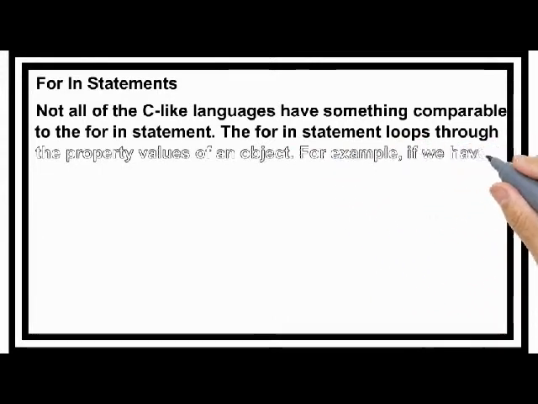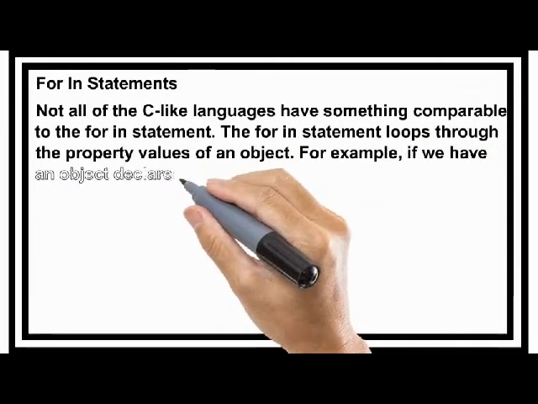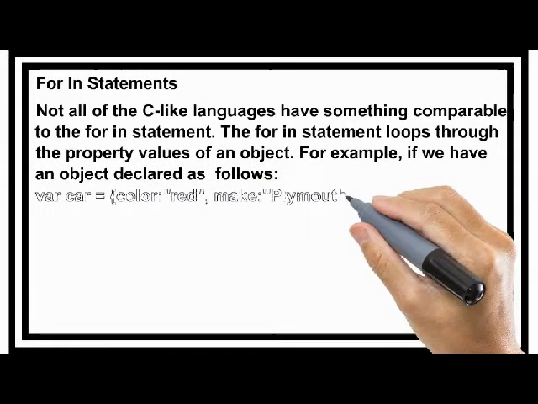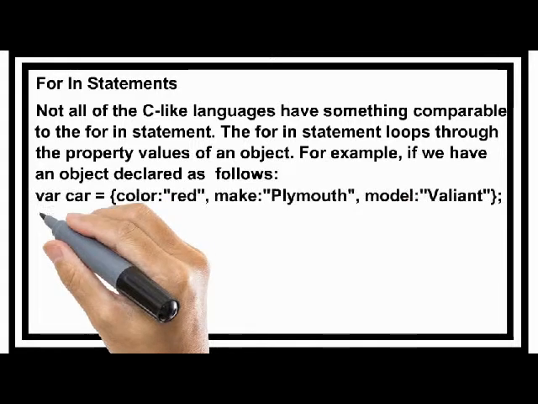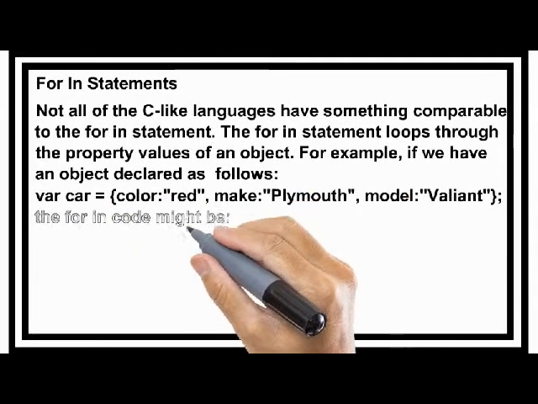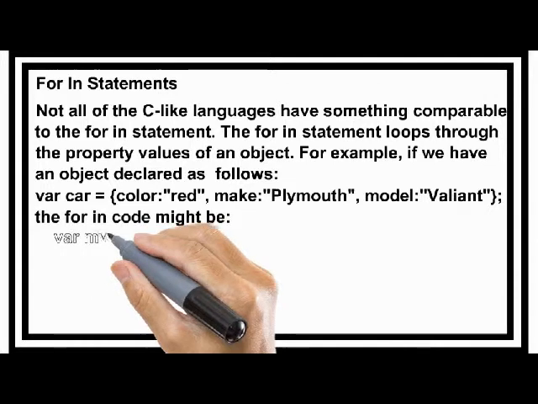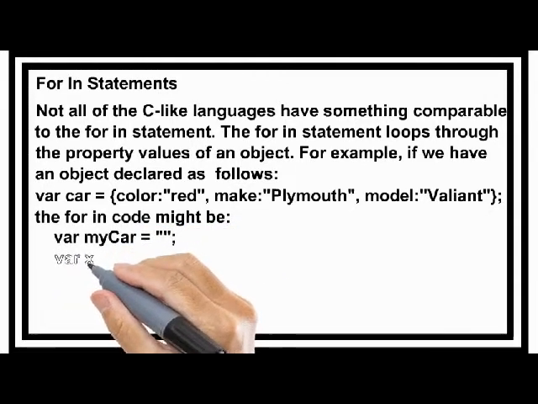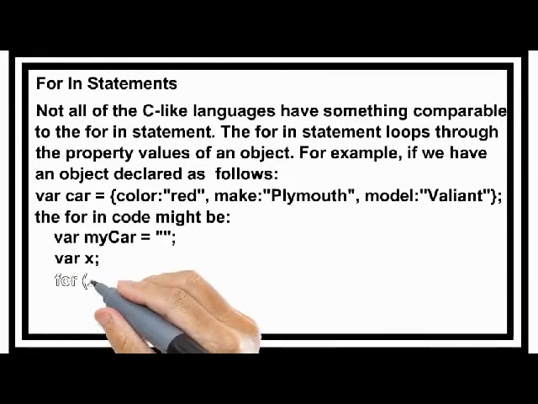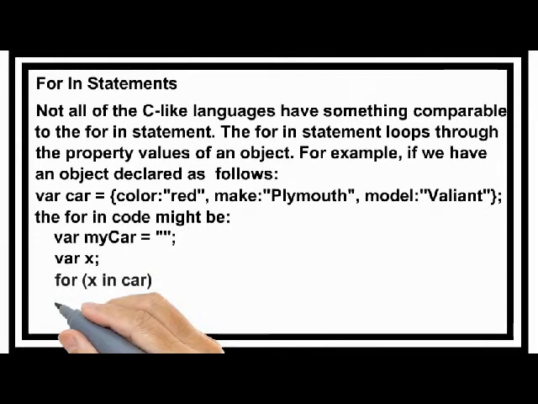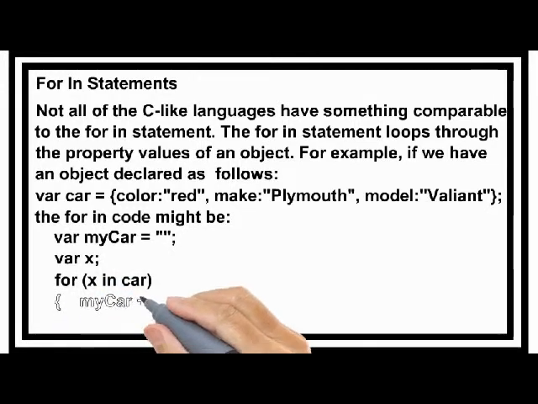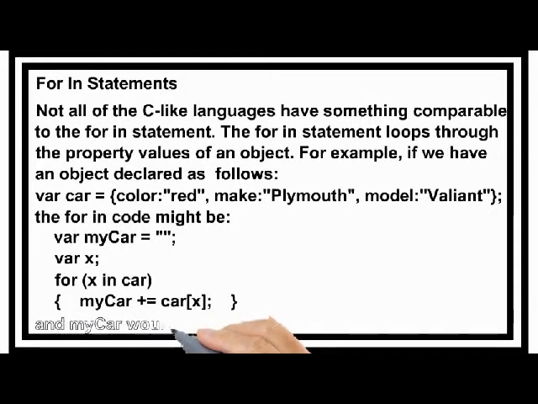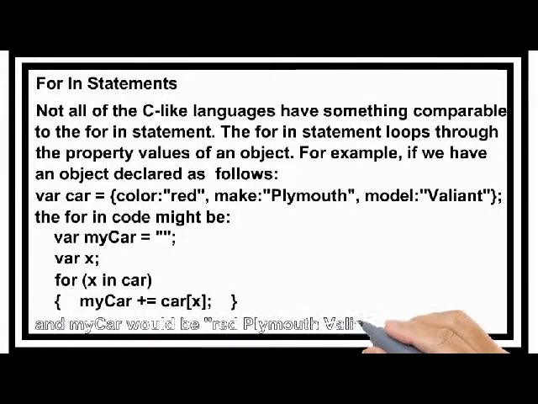For example, if we have an object declared as follows: var car equals color red, make Plymouth, model Valiant, the for in code might be var myCar equals the null string, var x, for x in car, myCar plus equals car x. And myCar would be the string red Plymouth Valiant.